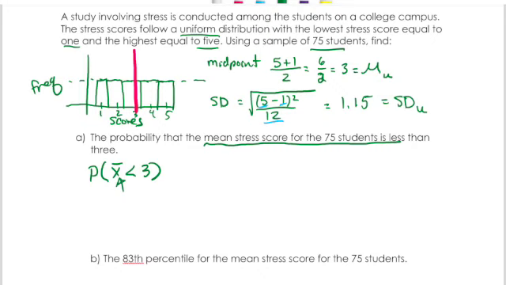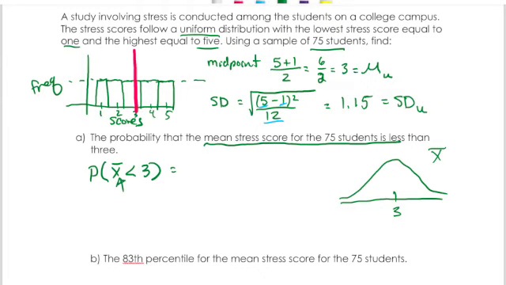Because of the central limit theorem, we know that the sampling distribution is going to be approximately normal. So I can envision that our sampling distribution, our x bars, is going to have this kind of a shape. The mean is going to be the same as the mean of the uniform distribution, which is 3.